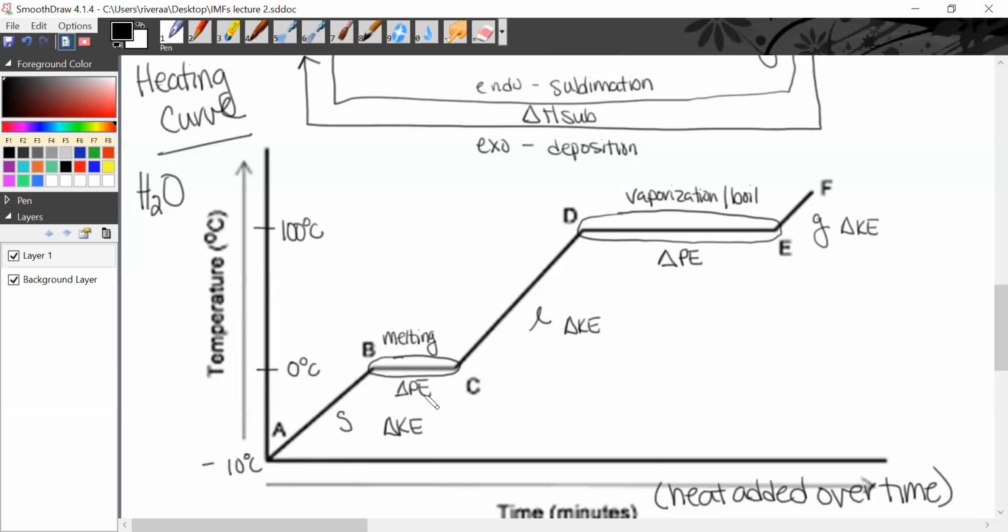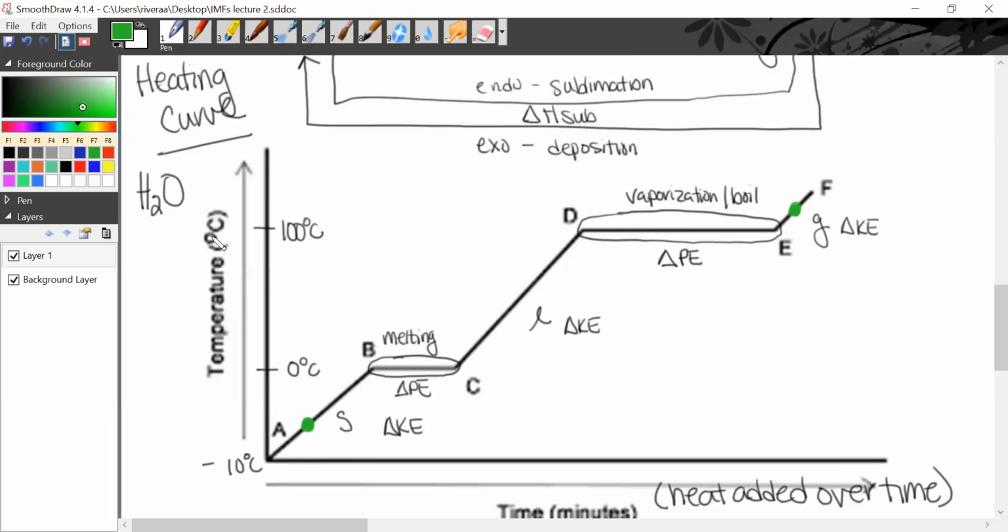And this is very important because if I ask you to calculate how much heat in total is required to go from, let's say, this point on my graph to this point on my graph, we need to know what kinds of energy changes are happening so that we can do these calculations.